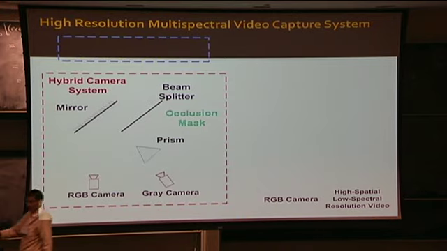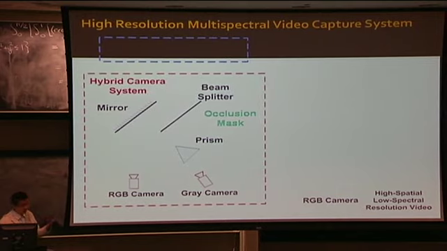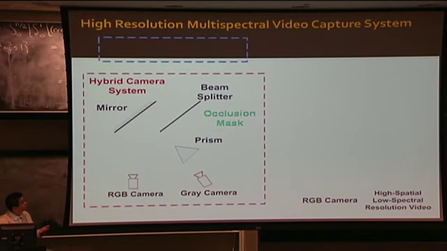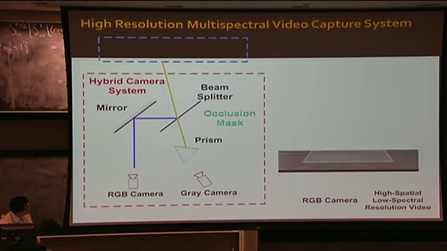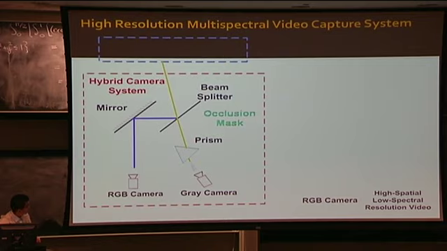So here we propose a system which achieves high resolution in all the spatial, spectral, and temporal domains. And this is the principle of the system. Assuming a scene, a light ray from the scene first meets a beam splitter, half of the light rays is mirrored and received by an RGB camera, and the other part of the light goes through a prism which disperses the light into its spectrum and is then received by the grayscale camera.